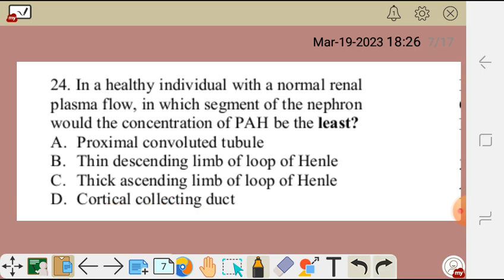In the apical, we do not have them unless a hormone is produced, then the aquaporins will be there. So we expect the concentration to be the same there. But in the proximal convoluted tubule, the concentration of PAH will be least. So the correct answer is A.